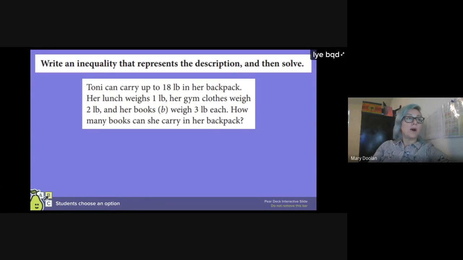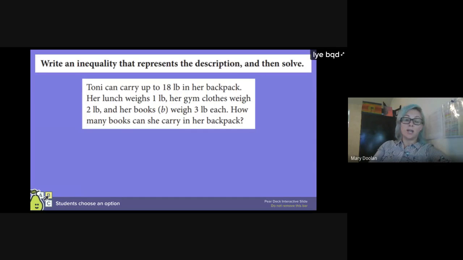Which of those 2 options is correctly representing our inequality? So on your Pear Deck slide, you're going to pick one of those inequalities. Which one shows that if I add up her lunch, her gym clothes, and a certain number of books, it is within the restricted weight of 18 pounds?